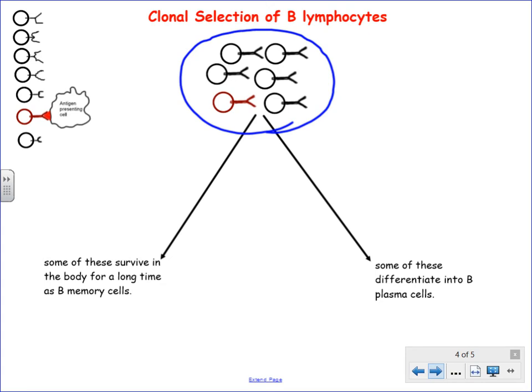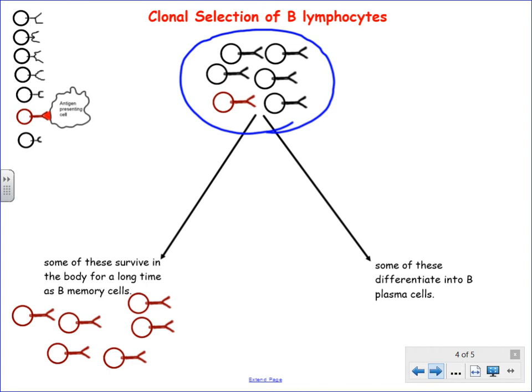Some of these B lymphocytes will now remain in your body in quite a large number, perhaps for the rest of your life, certainly for several years. And if you are exposed to the disease again, your B lymphocytes will respond much quicker than the first time, which is why you build up some immunity.